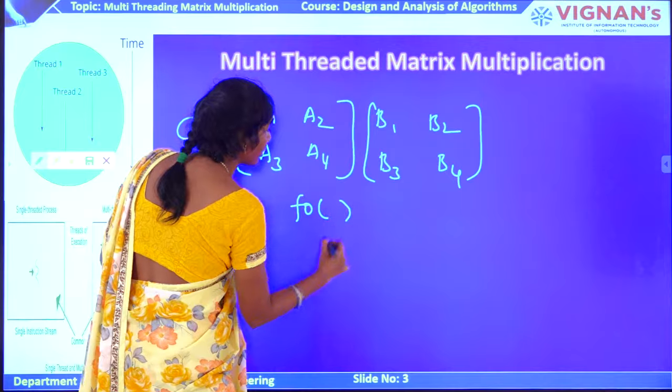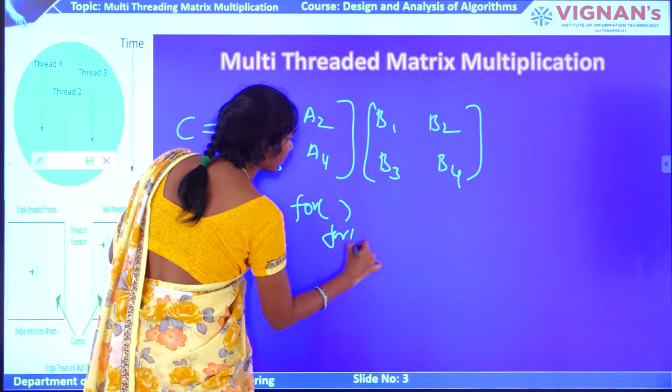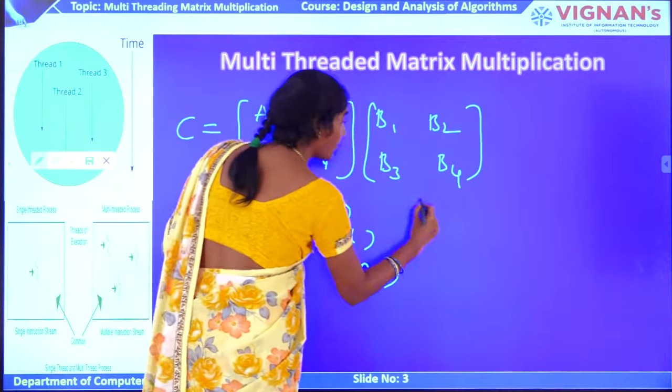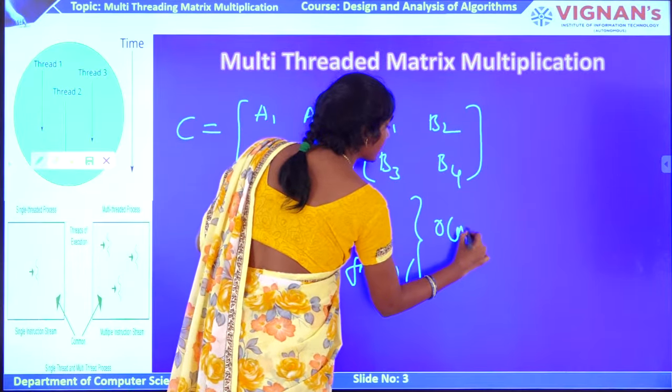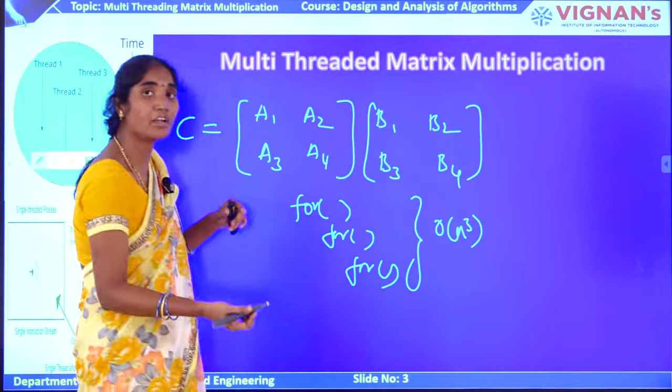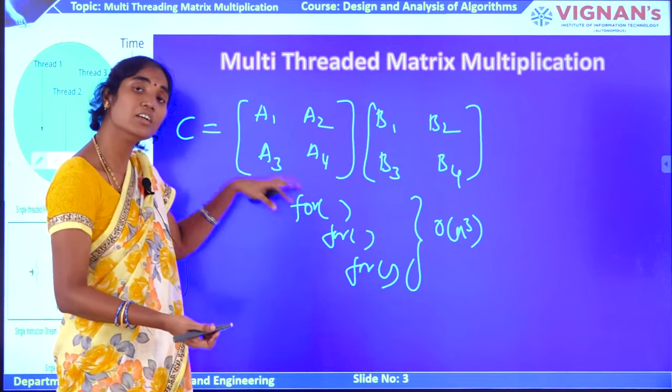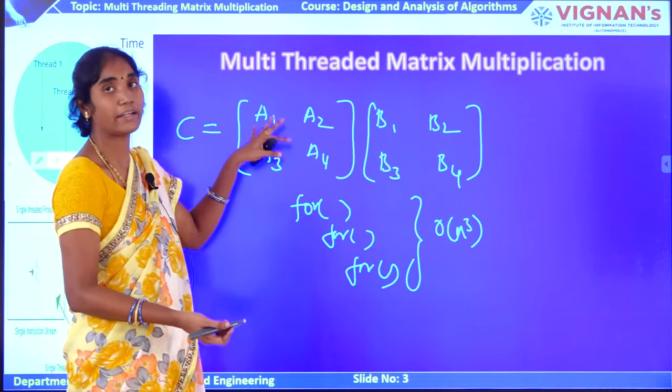Here I am utilizing 3 for loops. The overall time complexity, which you have already seen, is big O of n cube for multiplying two matrices.